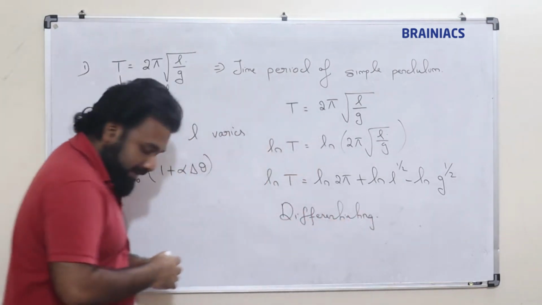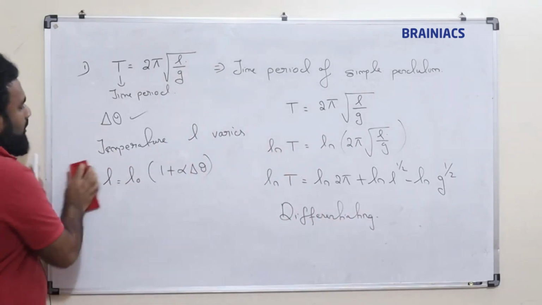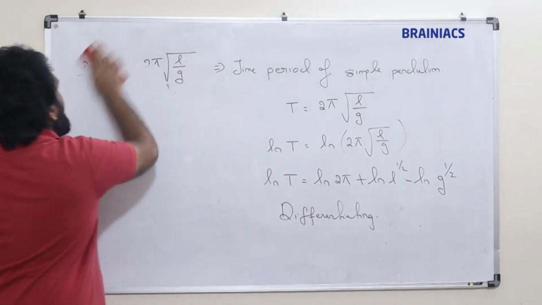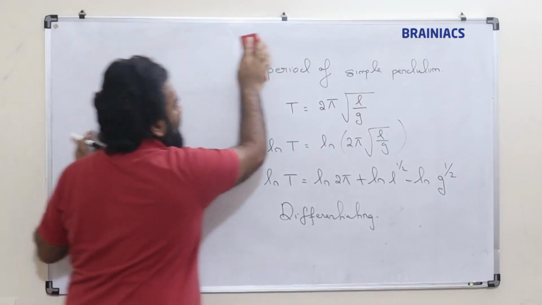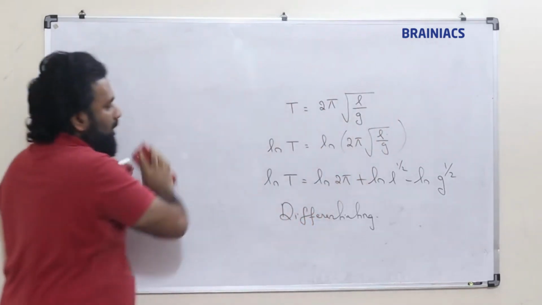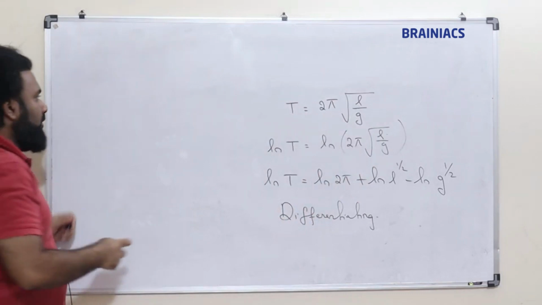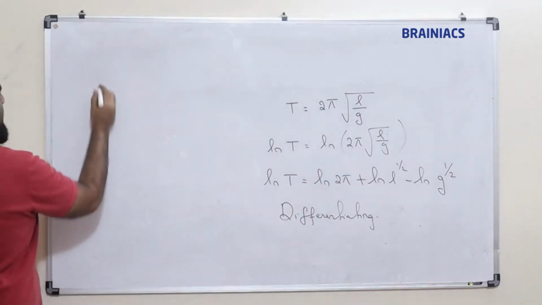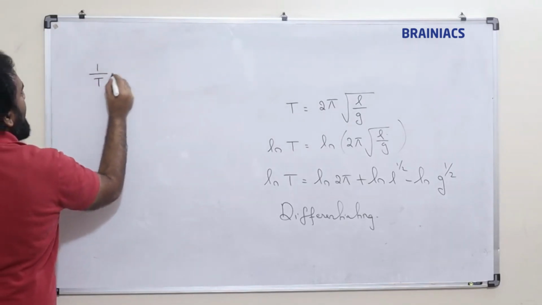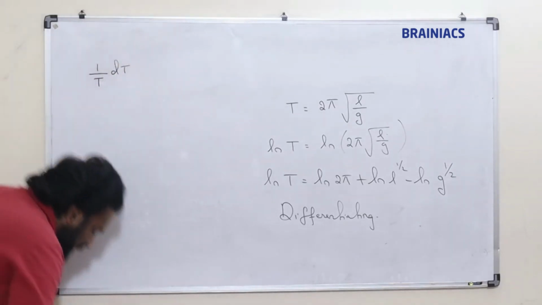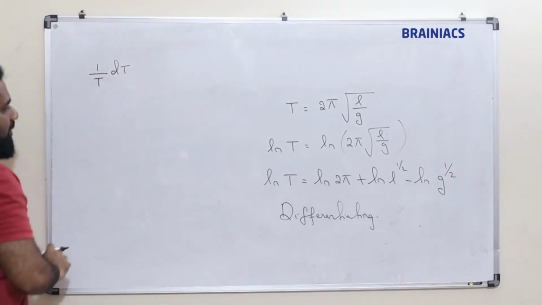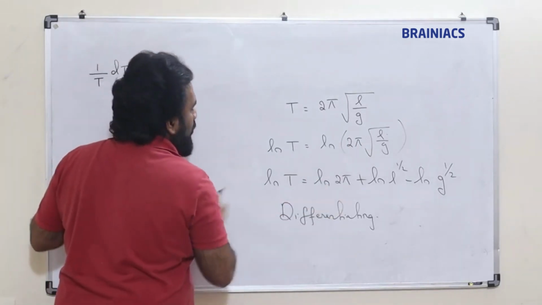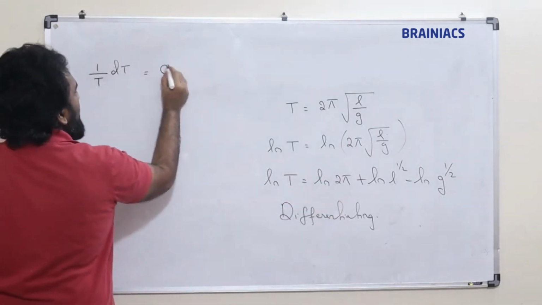When we differentiate this, we will be getting the differentiation of logarithm of t will be 1 by t dt, and when we differentiate natural logarithm of 2 pi, that will become 0.